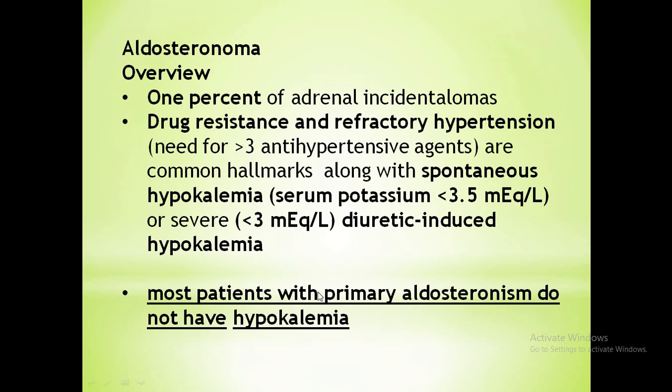But bear in mind that most patients with primary aldosteronism do not have hypokalemia. So drug resistance and refractory hypertension, needing more than three antihypertensives, are the most important. They may have hypokalemia as well, but they may have normokalemia.